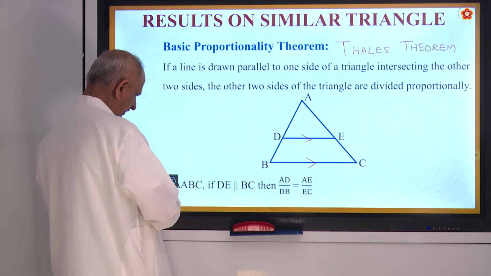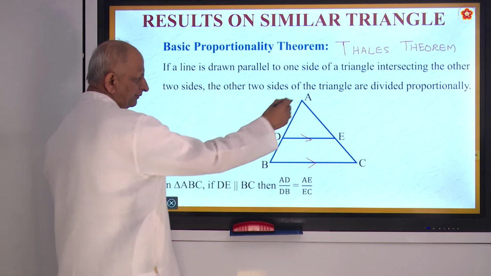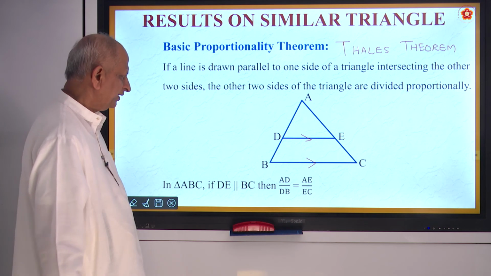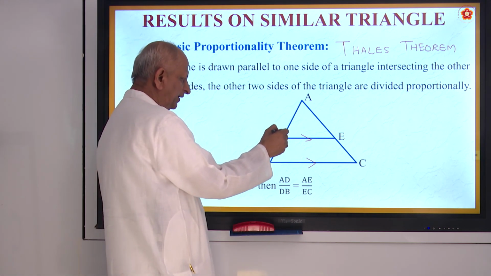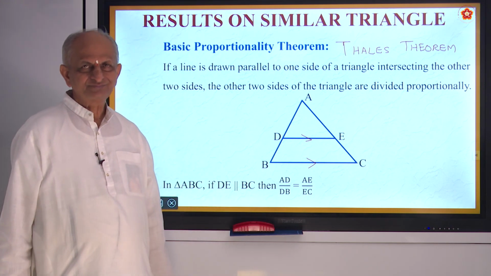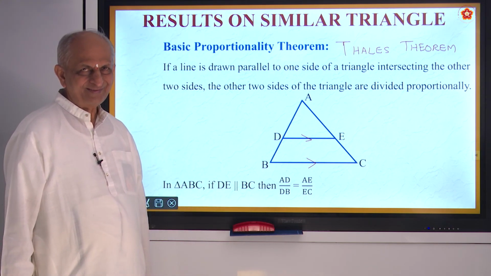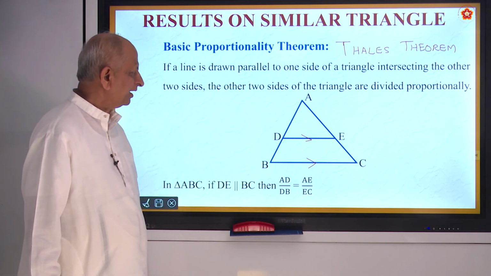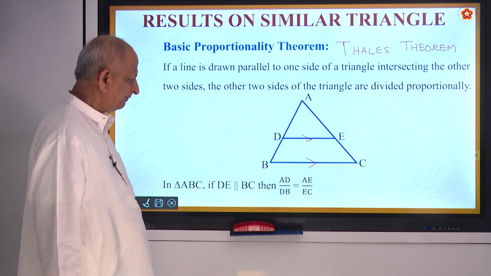So in triangle ABC, if DE is drawn parallel to BC, then we have AD by DB is equal to AE by EC. Followed? Okay. So this is what is called Thales theorem or basic proportionality theorem.